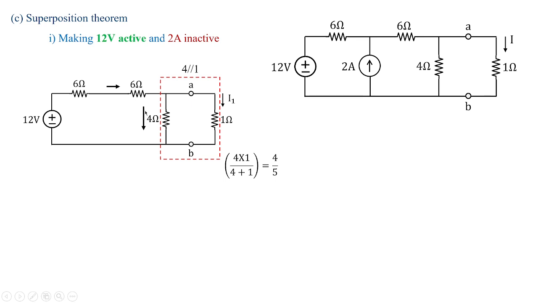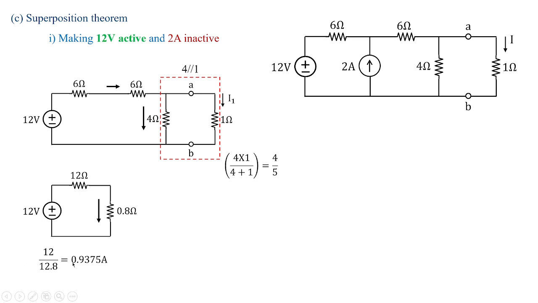The total current from 12 volts will travel through this parallel combination. So 12 volts I have taken as it is, 6 and 6 I have added, so it becomes 12 ohms, and this parallel combination reduces to 0.8 ohms. With the help of this reduced circuit, I can calculate the value of current flowing through 0.8 ohms.